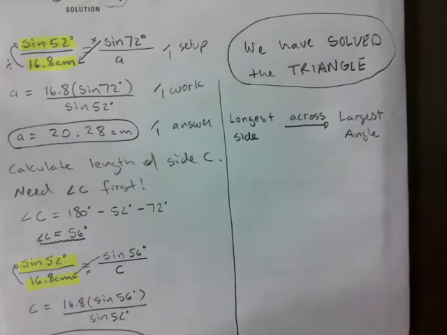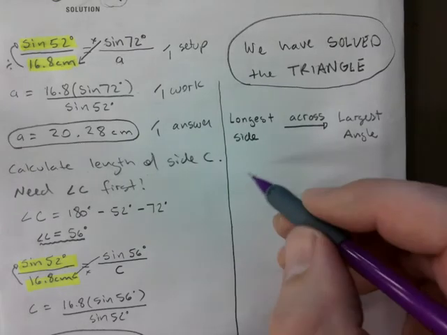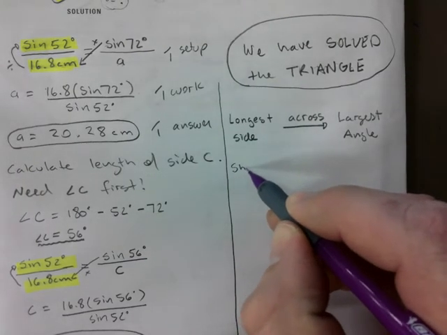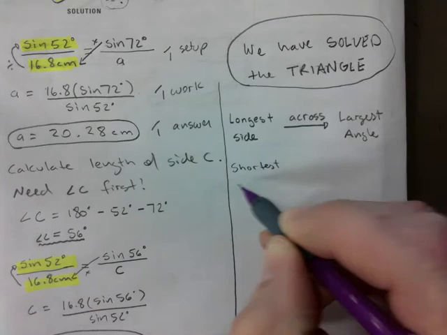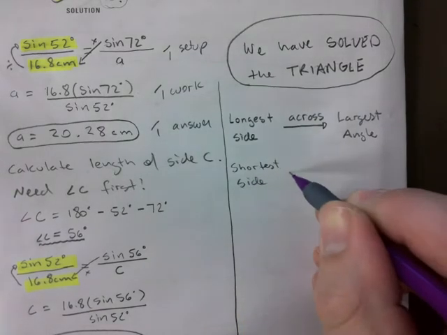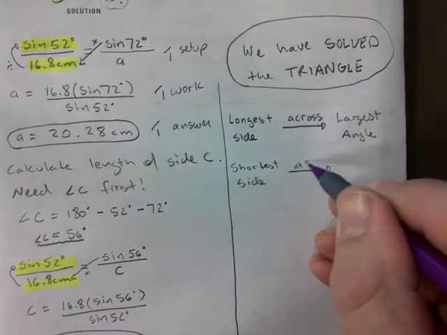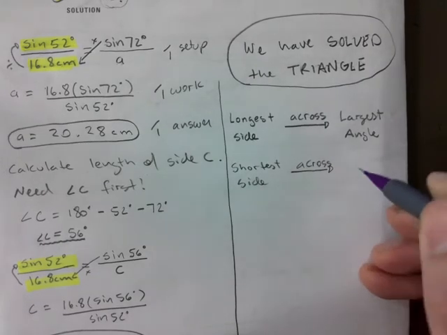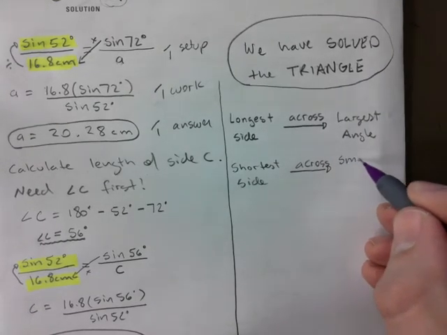I think you would have to agree with that. I will show you in a bit. And the shortest side is always going to be across the smallest angle.